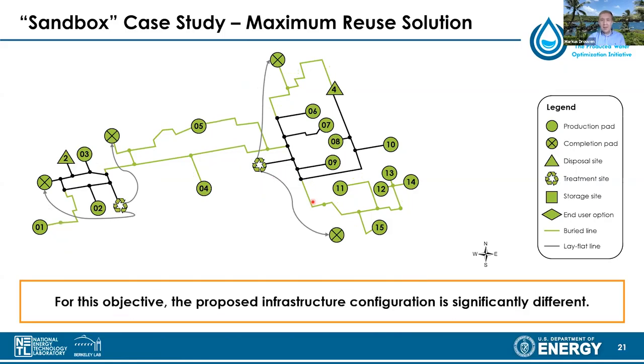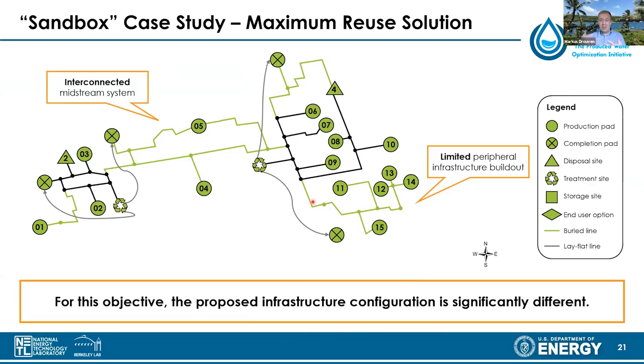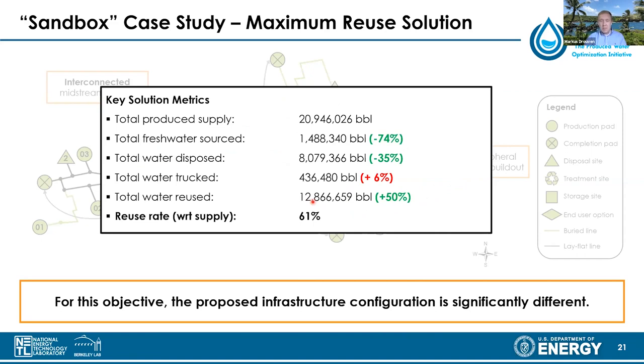So again, if I clean this up, the point that you'll see here is that we're optimizing the same system, but for a different objective, the infrastructure configuration that we're identifying is very different. Qualitatively, what the program is telling us now is don't focus so much on a peripheral build out of the system, but to really make sure that they're interconnected so we can get water to where it might be reused very quickly.